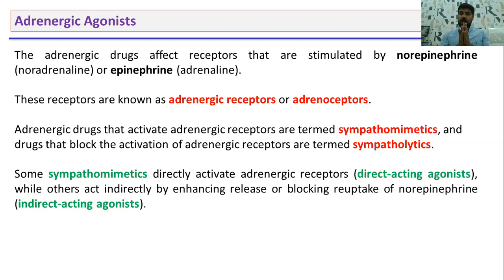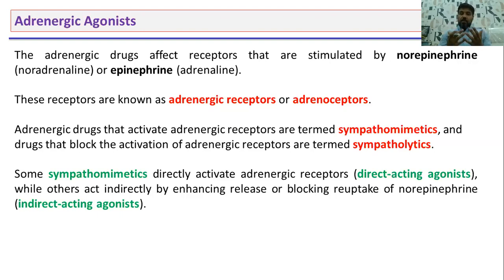This kind of medication or chemical substance is called sympatholytic or adrenergic antagonist. And sympathomimetic, as I mentioned previously, activates the sympathetic receptor or the adrenergic receptor or the adrenoreceptor.